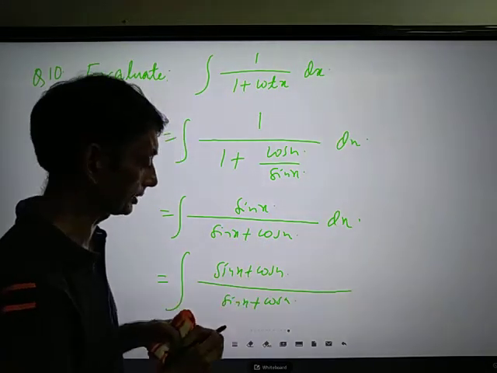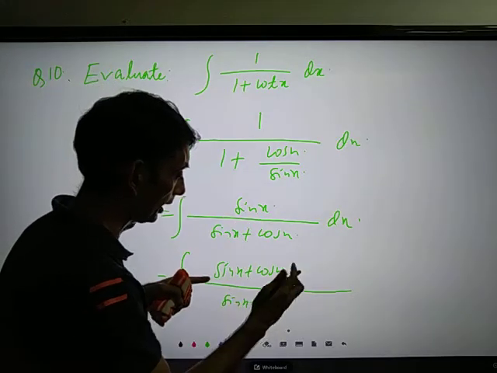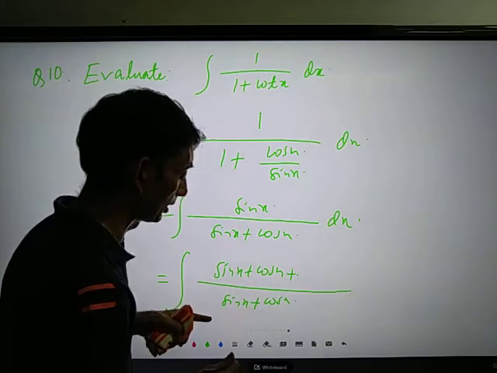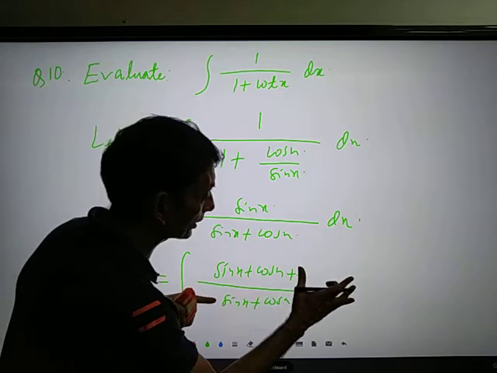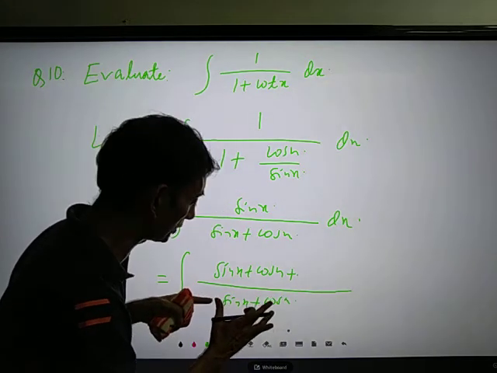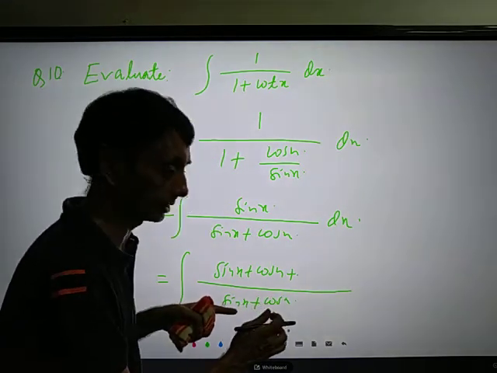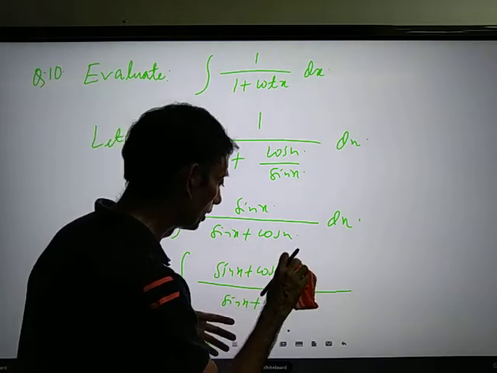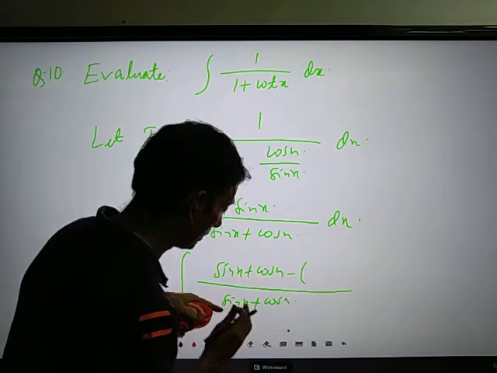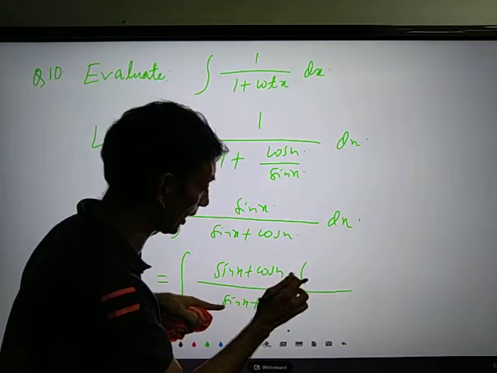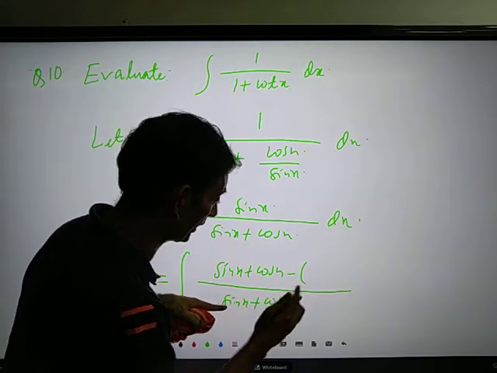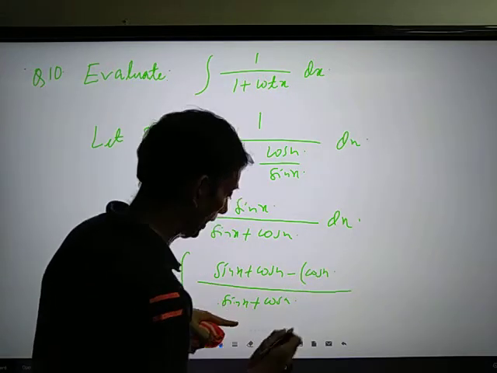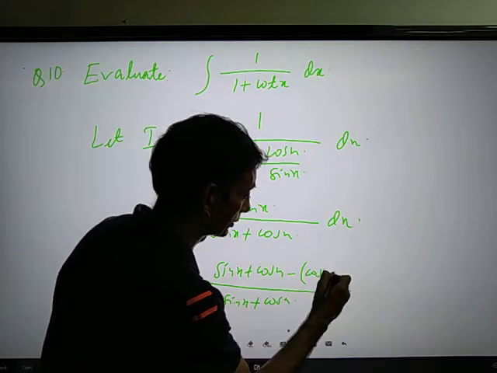Sin x plus cos x, I'm writing this one in terms of this. Then I'll try to write a function which is the differentiation of sin x plus cos x. So I'm going to write here a minus, and you will understand the logic behind the minus. The differentiation of sin x is cos x and the differentiation of cos x is minus sin x.